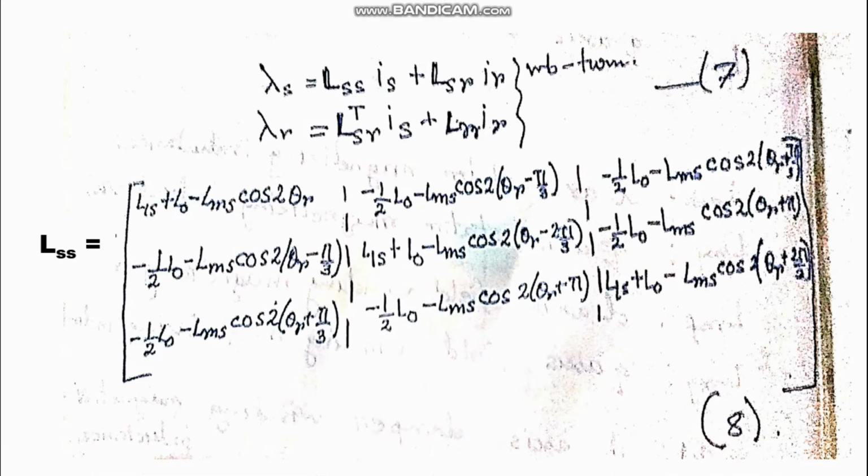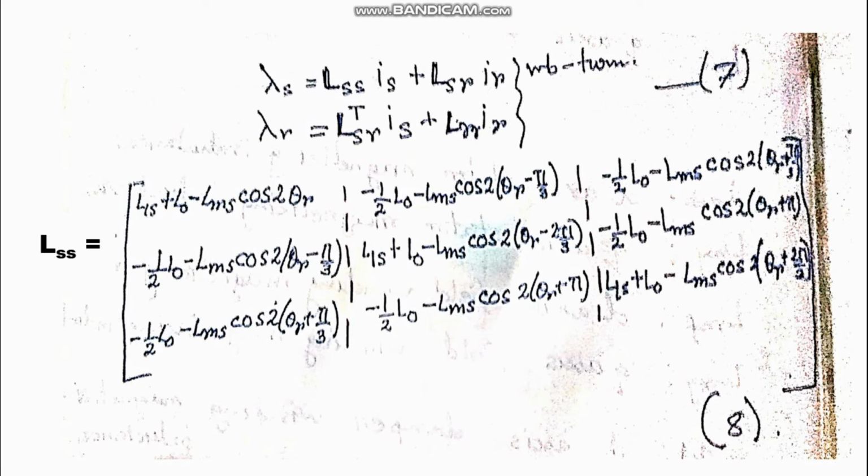So this is our expression for flux linkage. Here you can see that lambda s is equal to LSS IS plus LSR IR, in Weber turns.